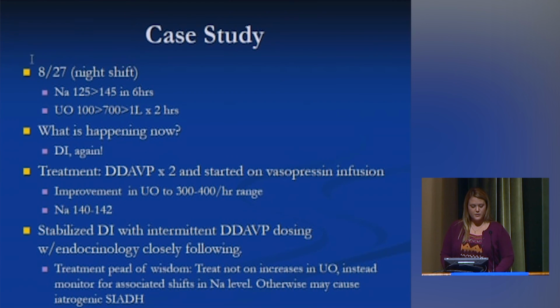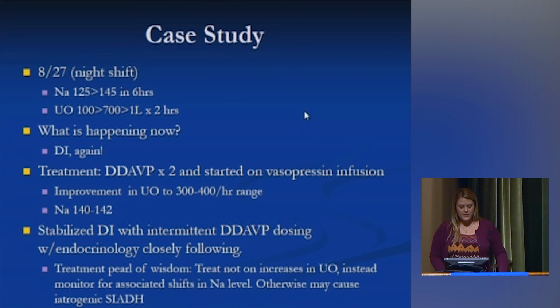So then on the 27th, she's going from 125 to 145 in a very short period of time, and her urine output picks up again. What do we have? We have DI again. And then we're back again to treating her with DDAVP and putting her on vasopressin and replacing that fluid.